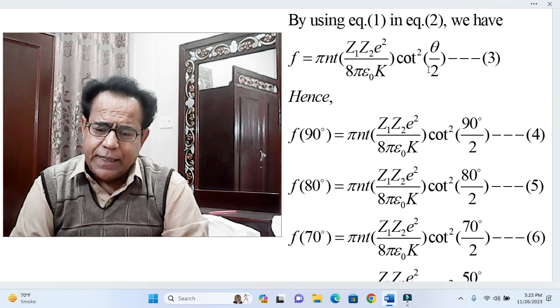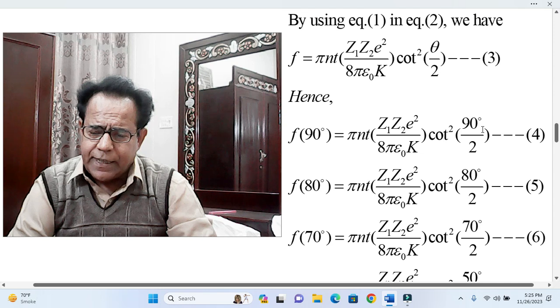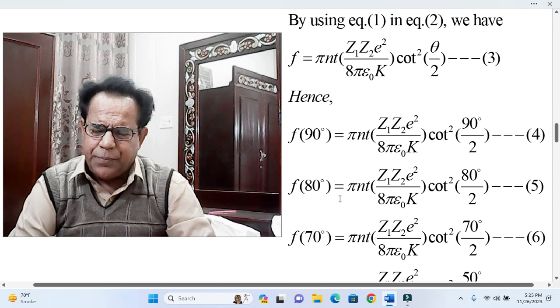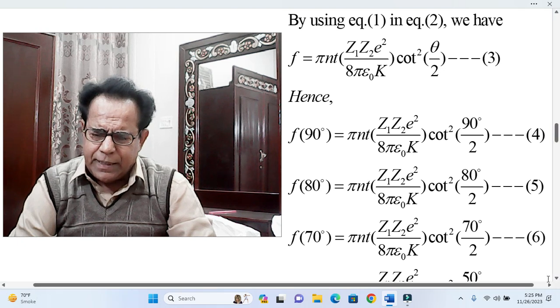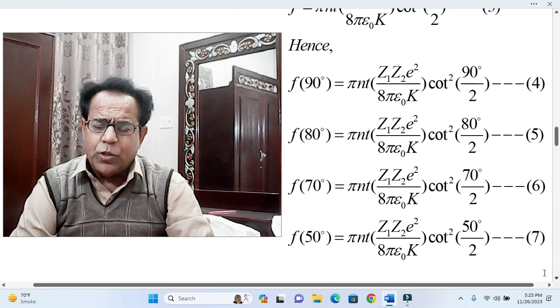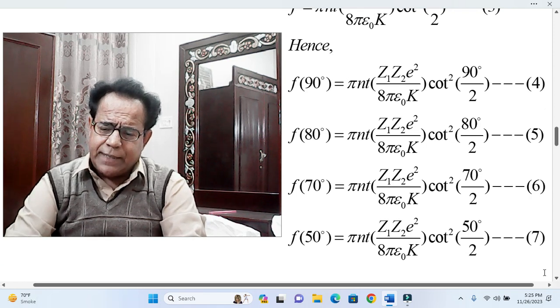f at 90 degree becomes equal to this factor into cot squared of 90 degree by 2. Similarly we put 80, similarly 70, similarly 50. Dear students, you are seeing equation number 4, 5, 6, 7.